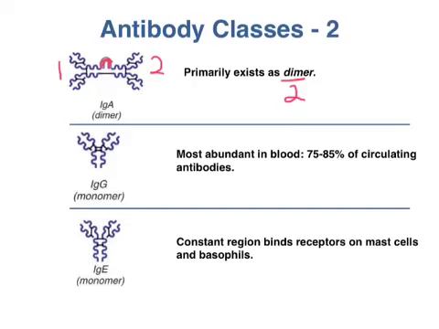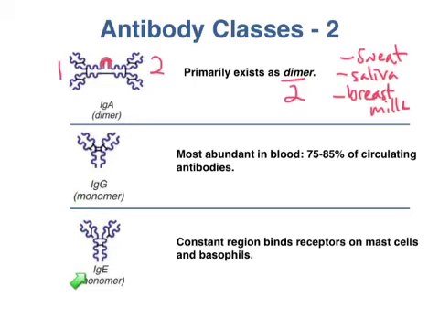IgA is actually found in body secretions. So it's found in sweat, it's found in saliva, and it's found in breast milk. So this is the antibody that's actually passed from mother to breastfed child as a form of naturally occurring passive immunity.